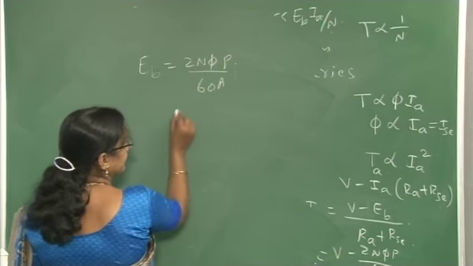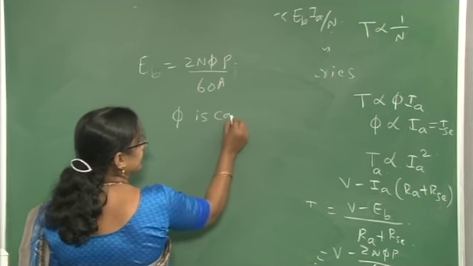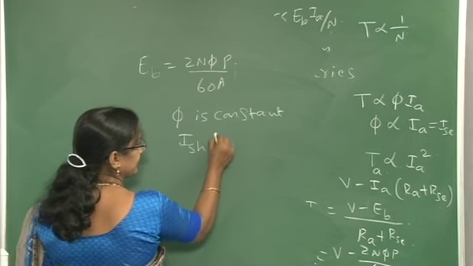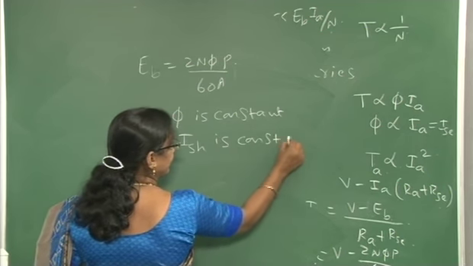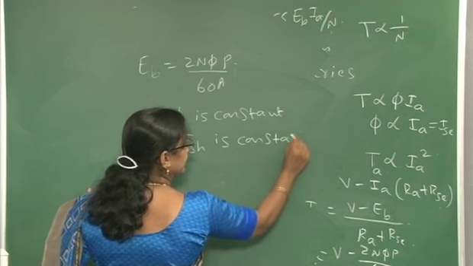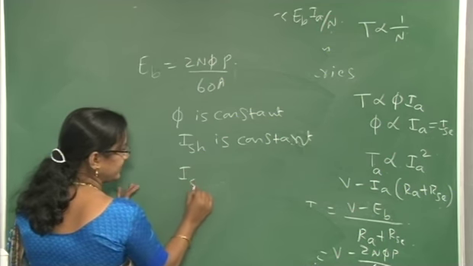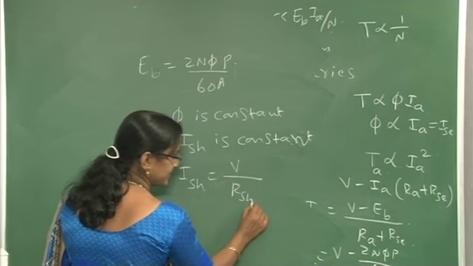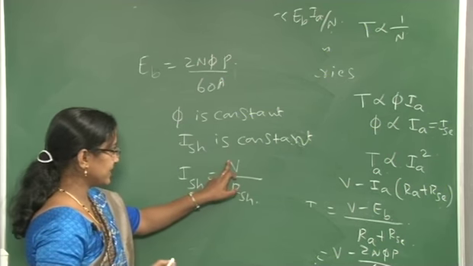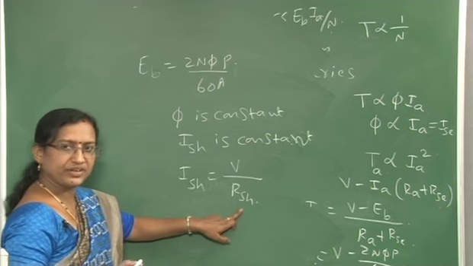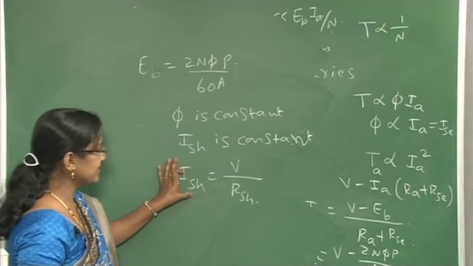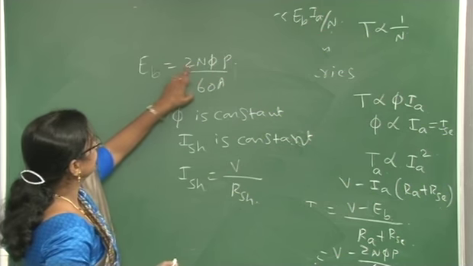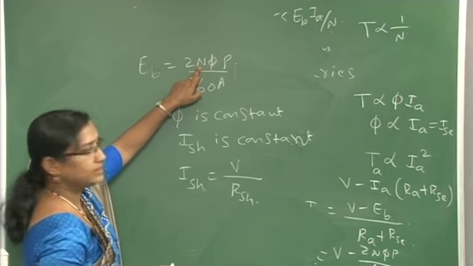In this case, phi is constant because ISH is constant. We know that ISH is equal to V, the applied voltage, divided by RSH. Here the applied voltage is constant and the resistance of the shunt field winding is constant, so ISH is constant. So in this case EB varies only with speed.